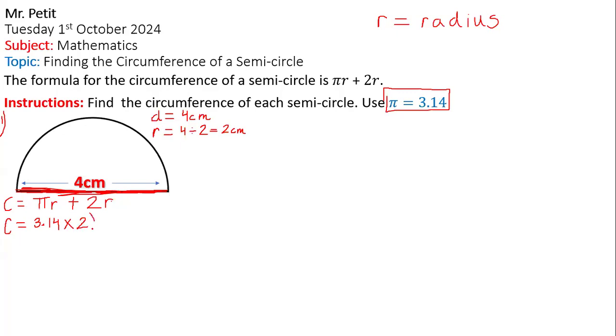So let me put this in brackets. Plus 2 times r, and r is 2. So it's going to be 2 times 2.